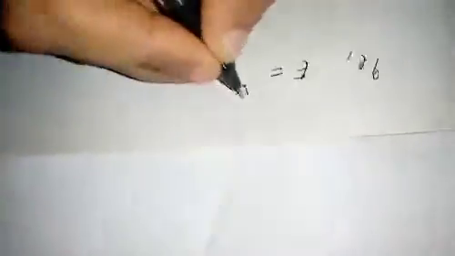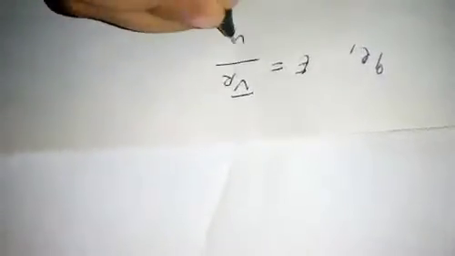Then we find the efficiency factor of BIBD. That is, E equals V bar R divided by V bar.